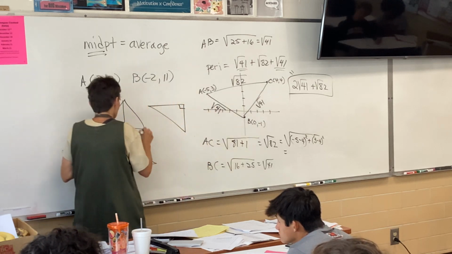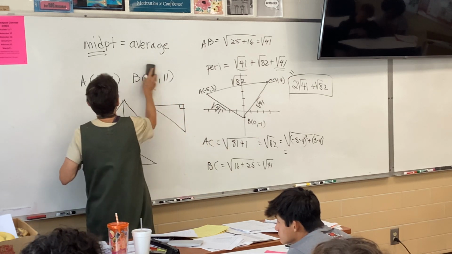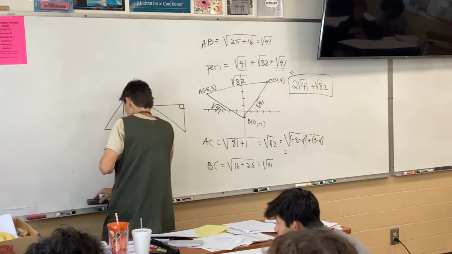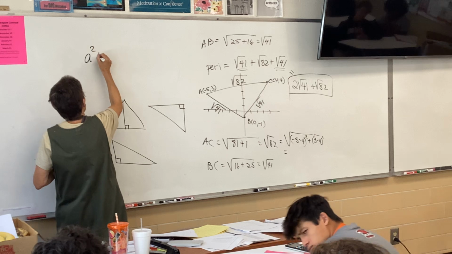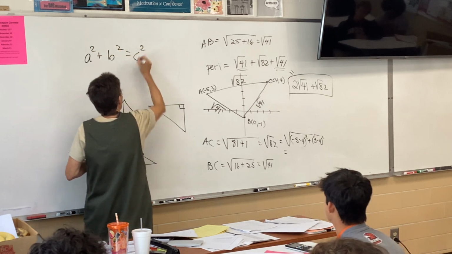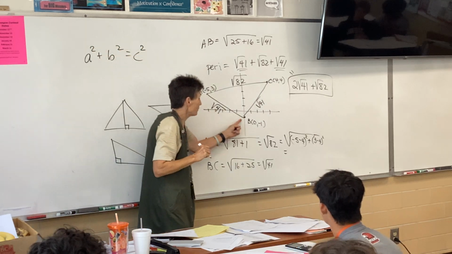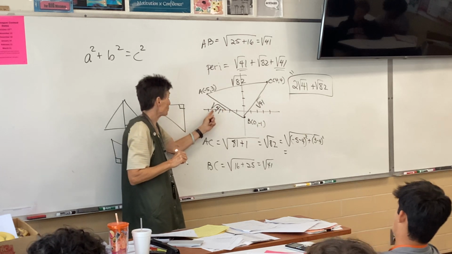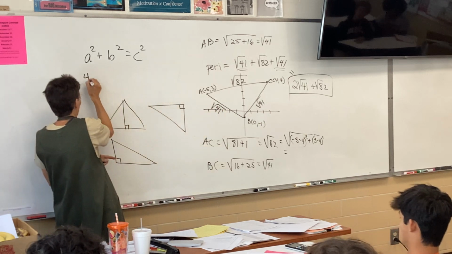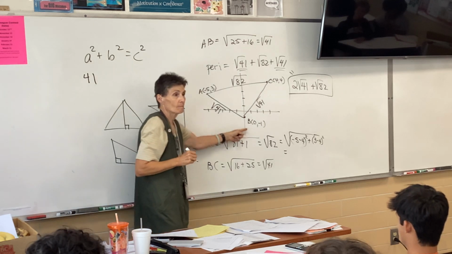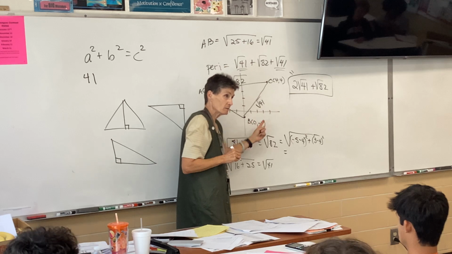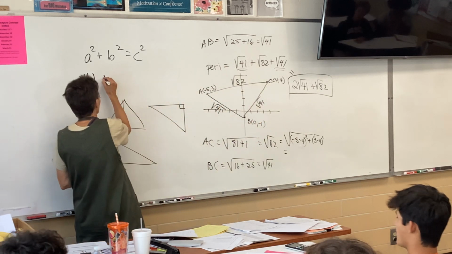Remember the Pythagorean theorem? Who remembers the Pythagorean theorem? A squared plus B squared equals C squared. If we call this side A and we square it, we get 41. If we call this side B and we square it, we get another 41.